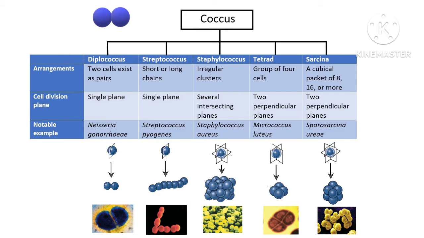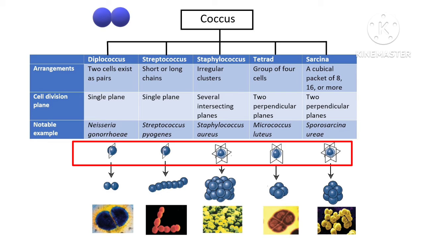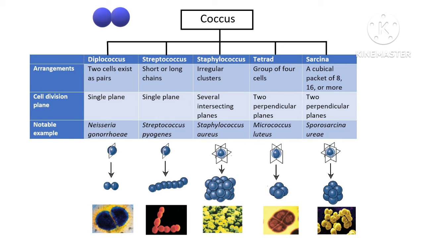An even more complex grouping, a cubical packet of 8, 16 or more cells, is called sarcina. These different coccal groupings are the result of cell division in a single plane or in two perpendicular planes or in several intersecting planes. After division, the daughter cells remain attached.